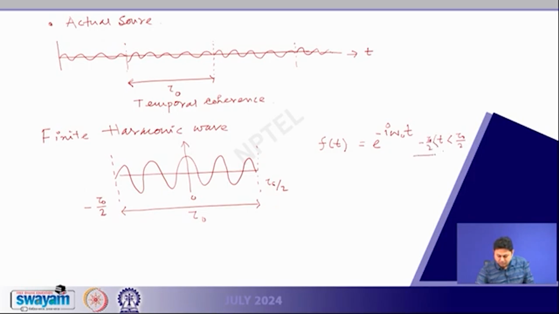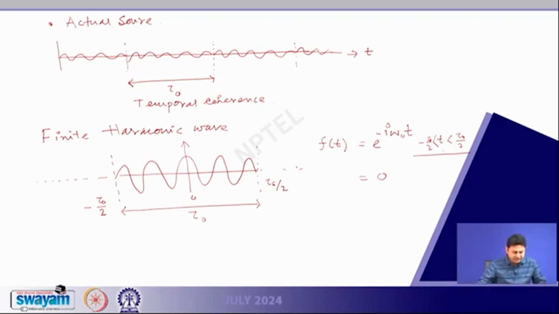In this region this is true, and in the rest of the cases it is 0. If I go beyond that, we don't have anything. So it is only a finite harmonic wave with this time span, like a section of the waves that come from the actual sources.